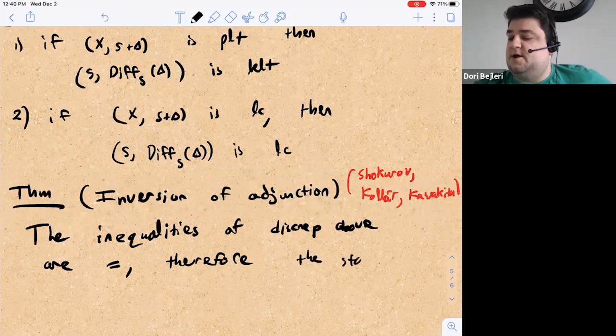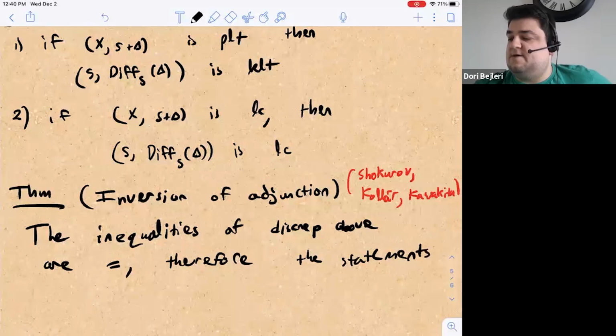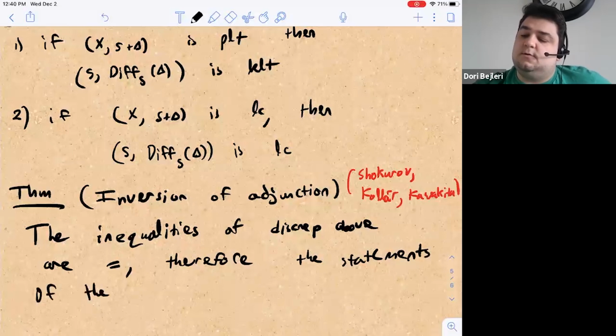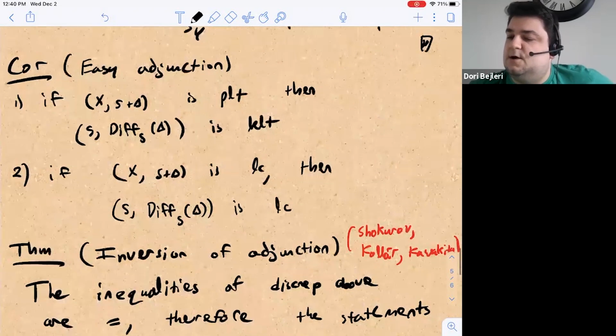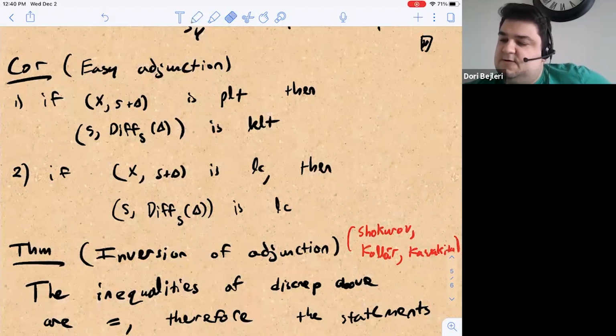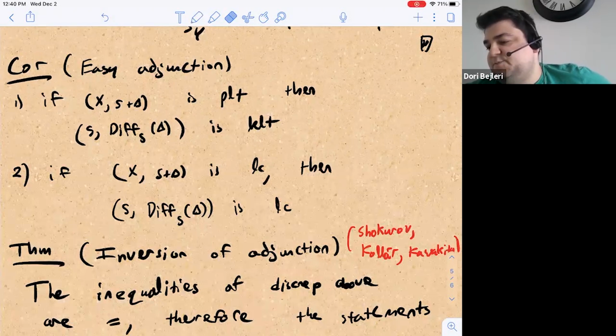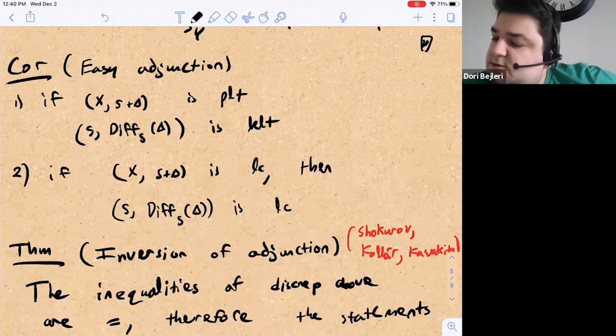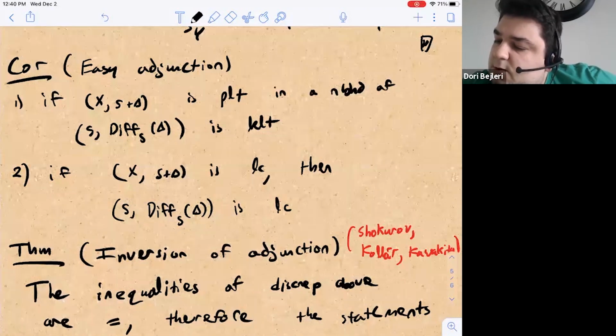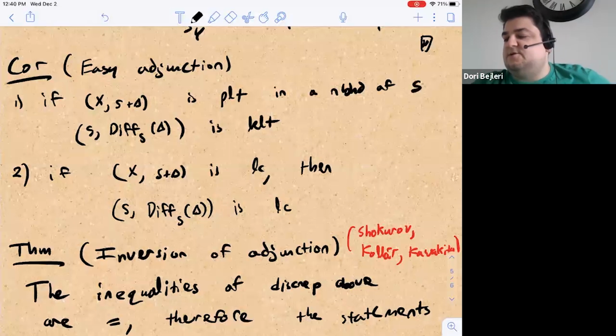The statements of the corollary are if and only ifs, with one caveat. If we want to make them if and only if statements, we have to add the assumption that X, S plus delta is PLT in a neighborhood of S. Because of course, knowing something about S doesn't tell us anything about X completely away from S. So it's PLT in a neighborhood of S. For the easy direction, we didn't need to assume that.